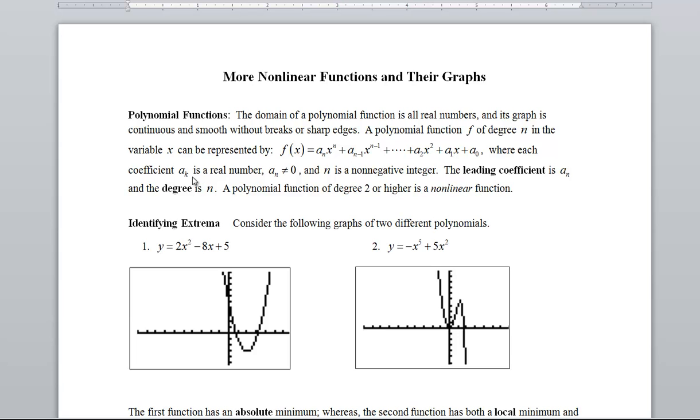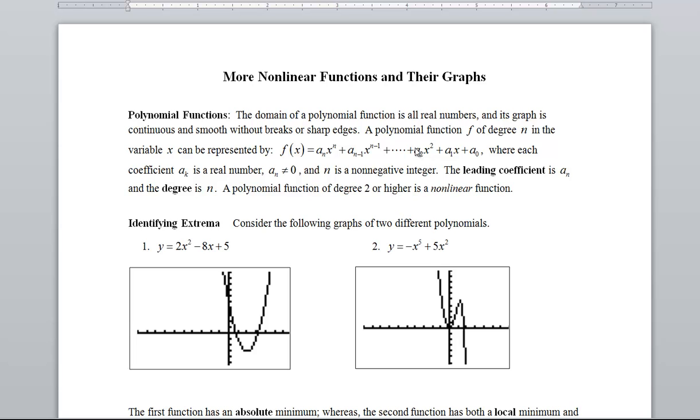Now each coefficient, a sub k, so a sub n minus 1, all of these a values are real numbers. My a sub n cannot equal 0. Talking about a quadratic right here, if I have a quadratic, a sub 2 can't be 0. If it were, then it would go back to being a linear.